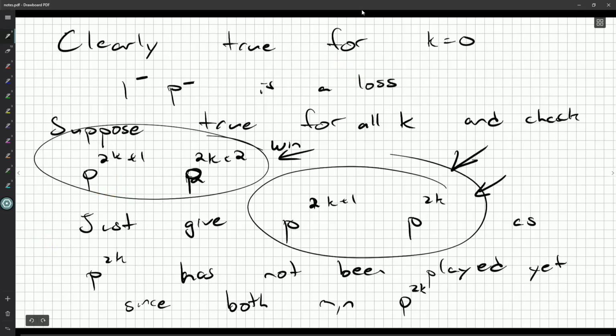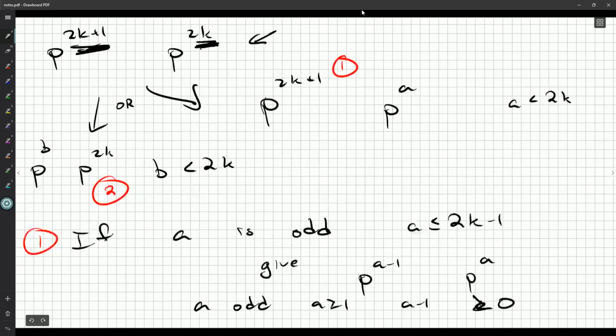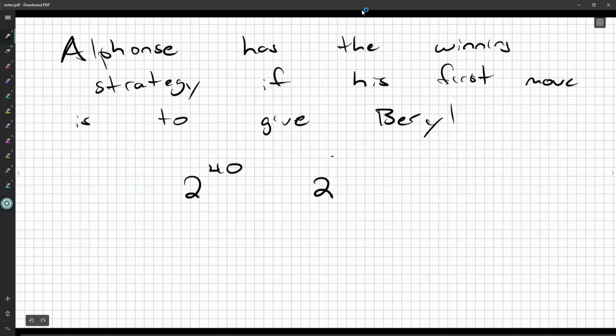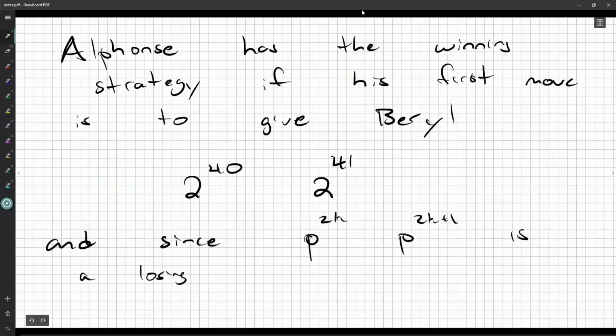This is a loss. When the even is higher than the odd, it's a win. So odd higher than even, 2 to the 41. And since p to the 2k, p to the 2k plus 1 is a losing position, by induction, Alphonse will win.